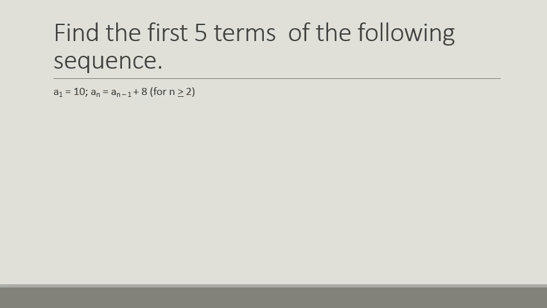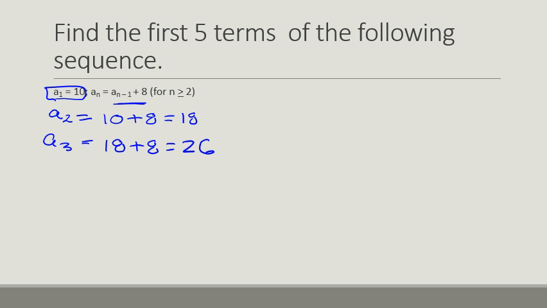So if I want to find the first 5 terms of this sequence, I've already got a sub 1 right here, and here's my rule. We're going to add 8 to the one before it. So a sub 2 is going to be 10 plus 8, which is 18. A sub 3 is going to be 18 plus 8, or 26.